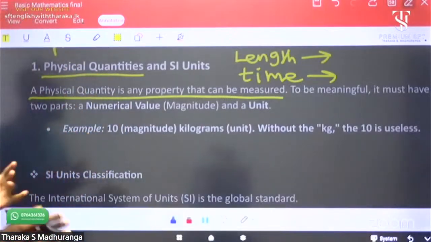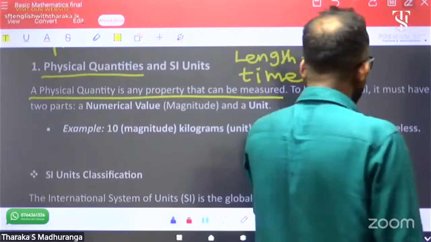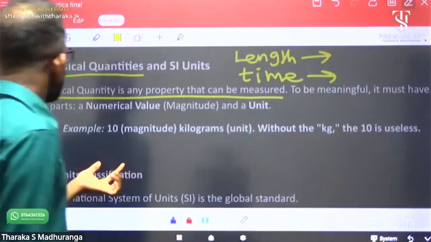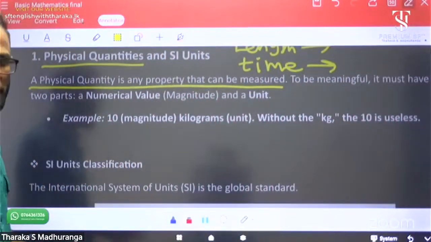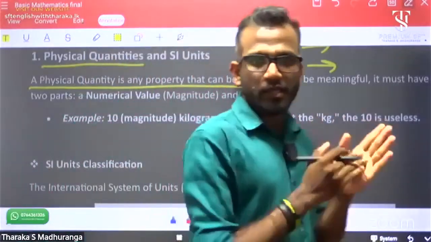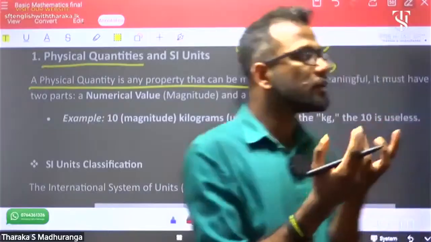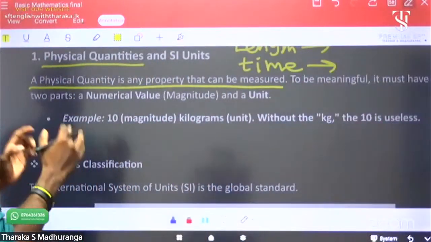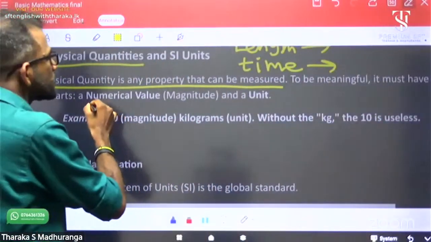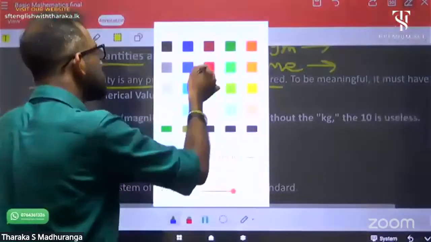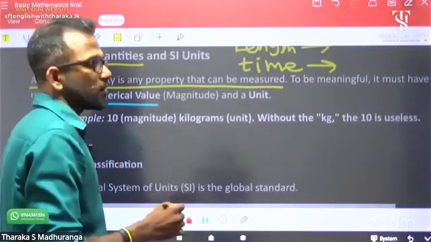Okay. Now, for a physical quantity to be meaningful, it must have two parts. The first one is a numerical value, that means magnitude.